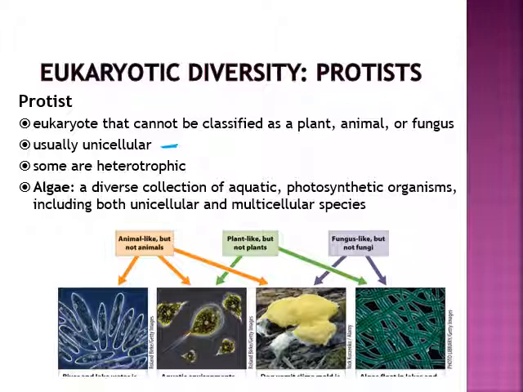These guys are interesting, protists, because they are unicellular. That means that they're not animals, even though they might have some characteristics that are similar to animals. And you also have multicellular algae that can photosynthesize like plants, but they can't live on land. They don't have any roots or stems or leaves, so this is what makes it so they can't classify them as plants.